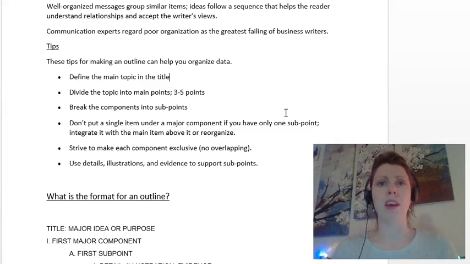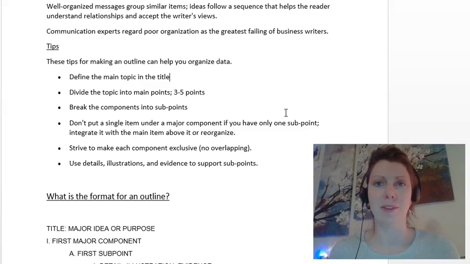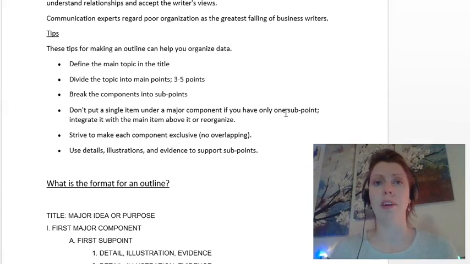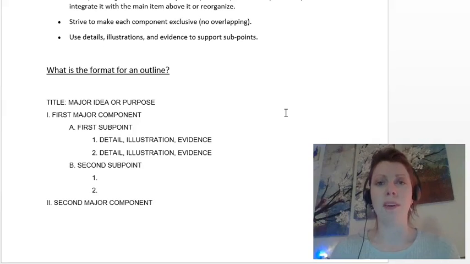So if you say something is a wonderful product and one of your subpoints is because the battery life is 8 hours and the batteries will last 6 years on this 8-hour charge as long as you take care of it, you need to have evidence to support that. Sometimes you can use statistics, sometimes you would use a quote, all kinds of things. So just make sure that you are supporting your ideas. So let's look at the format for an outline.